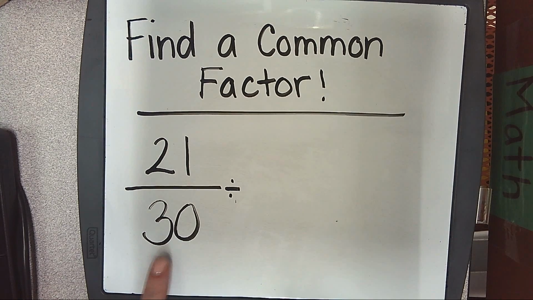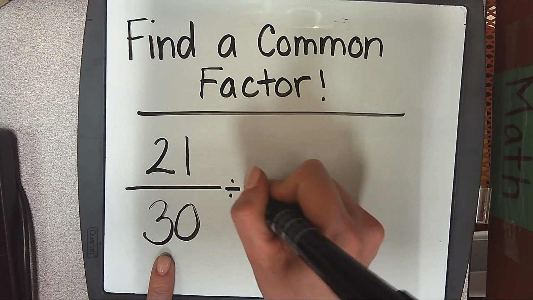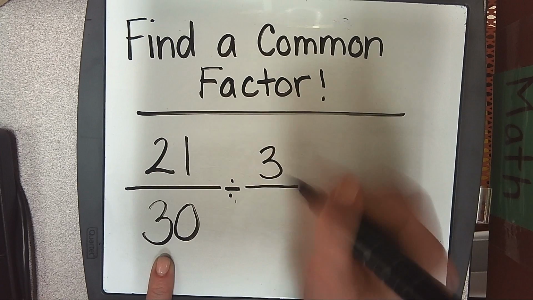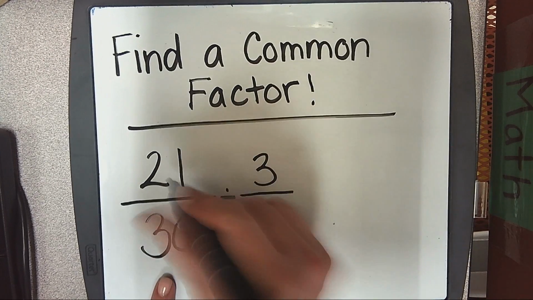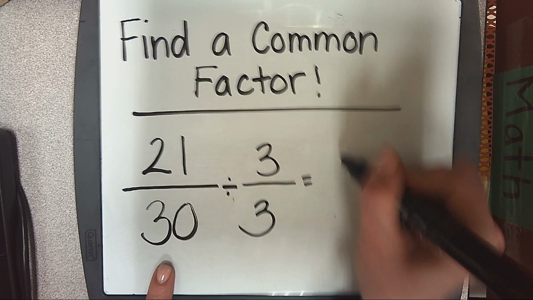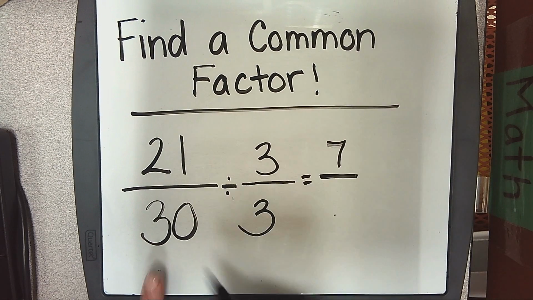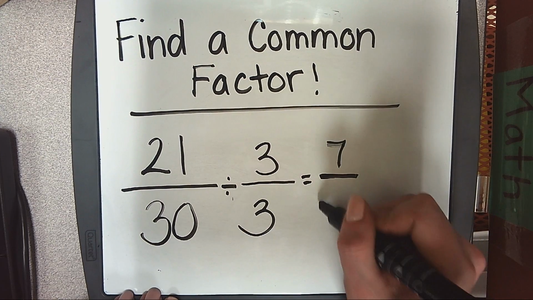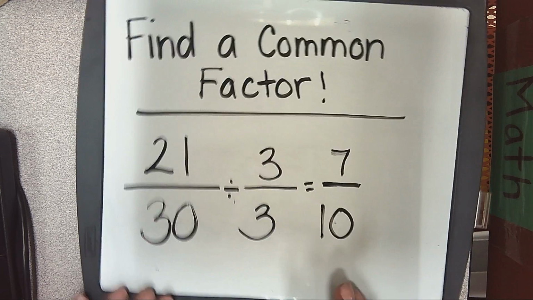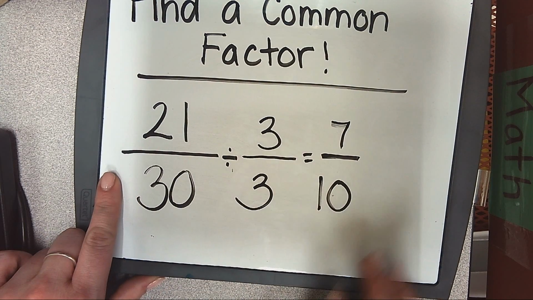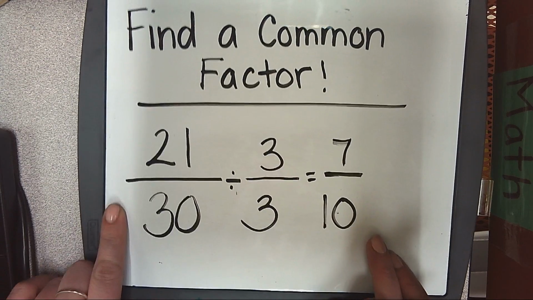Okay, I know I can divide 30 by 3, and I can divide 21 by 3. 21 divided by 3 equals 7, and 30 divided by 3 equals 10. Therefore, 21/30ths is equivalent to 7/10.